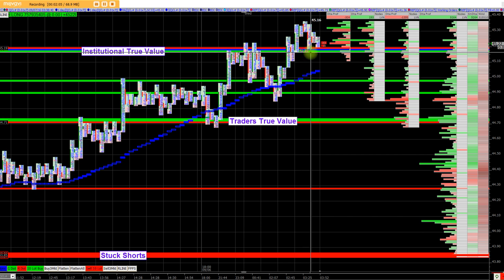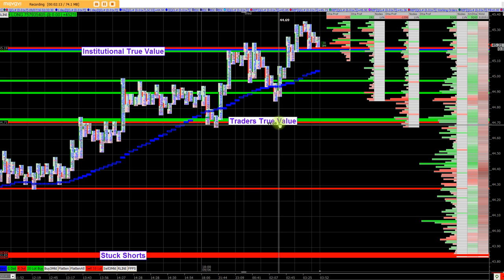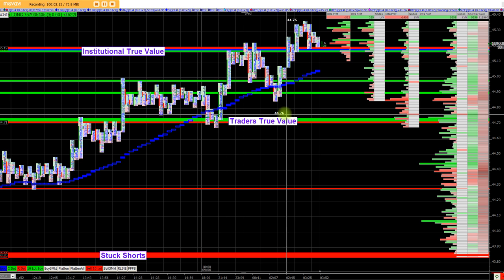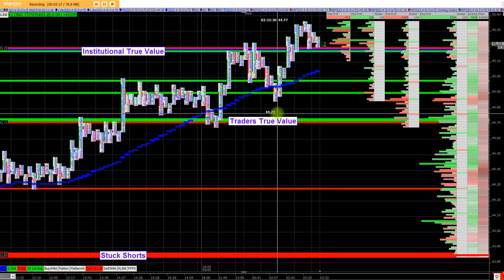So this could be a launching point higher, or if we break this level, they're going to find value at a lower price, probably down near the trader's true value.